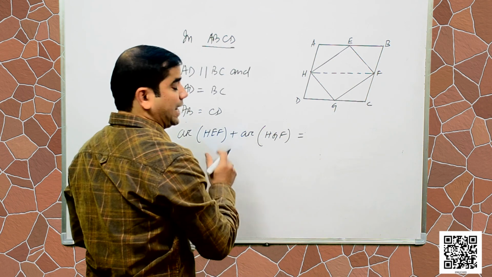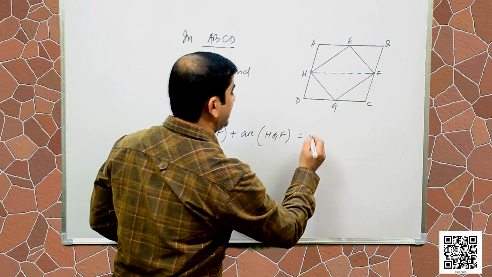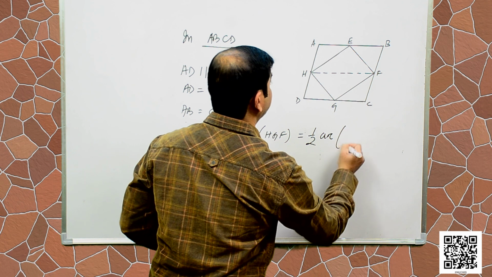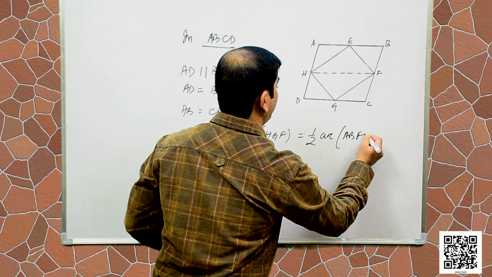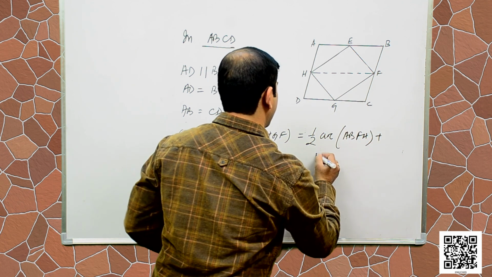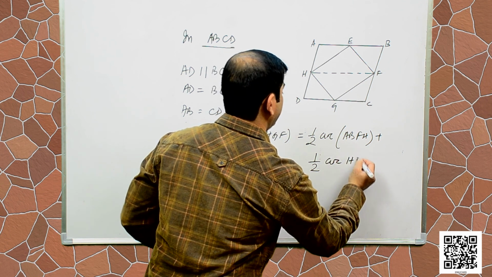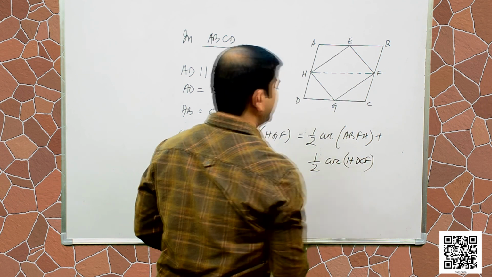Area of HEF plus area of HGF is equal to half of area ABFH plus half of area HDCF, isn't it?